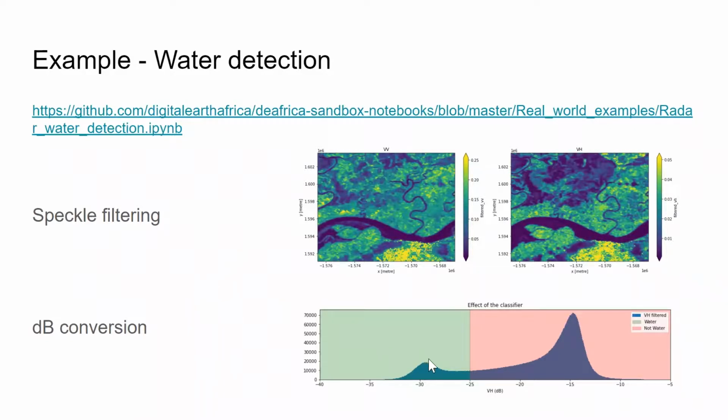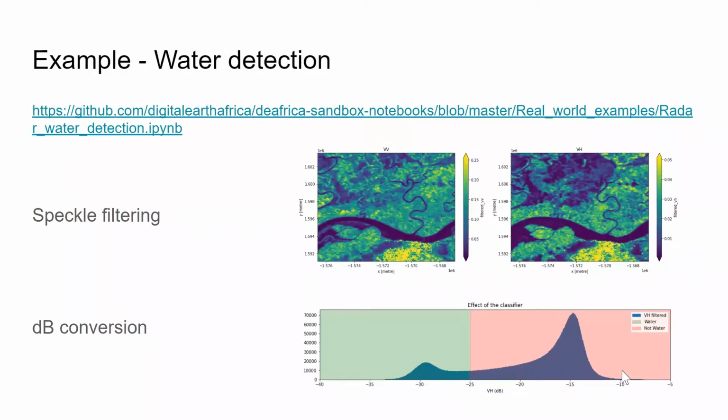The other thing that is recommended for these water classifiers is doing the decibel or log conversion, because once you've converted into log, you have a nicely distributed two-peak distribution in this case, where you can decide where to put a threshold filter, and then you can reasonably cleanly separate water from the other surfaces.